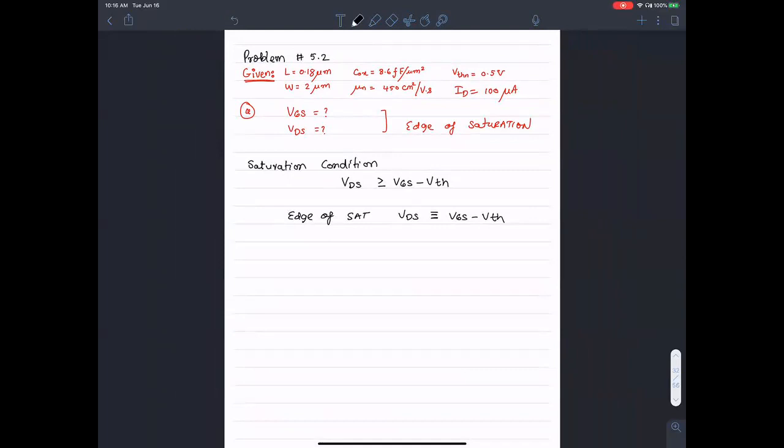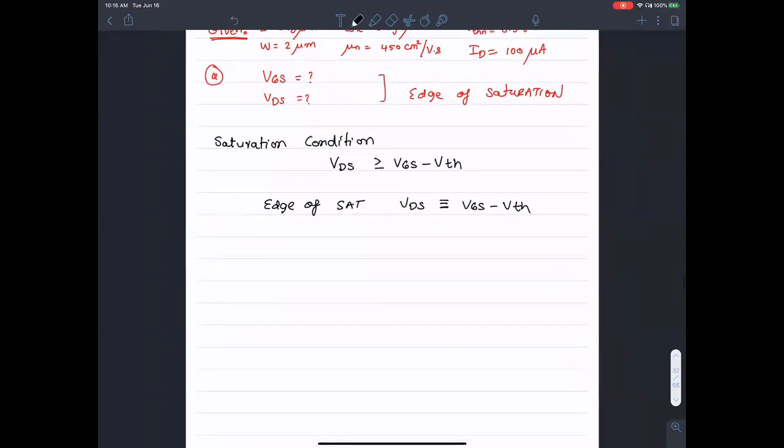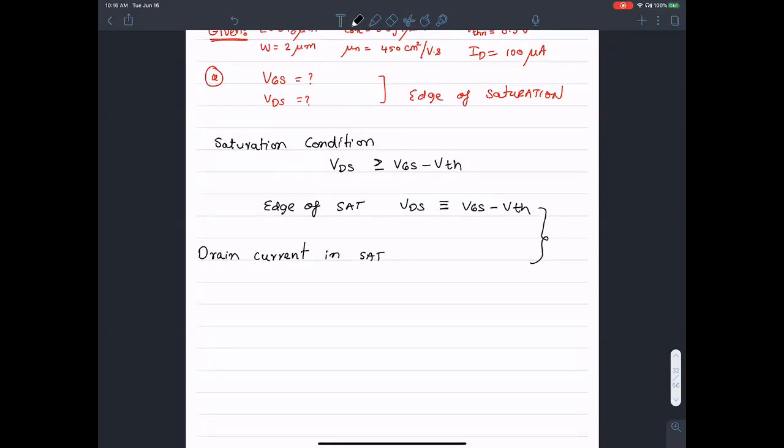apply the expression for ID, the drain current, in saturation, because we are still in saturation; we are on the edge of saturation. Remember, when VDS is greater than or equal to VGS minus VTH, then we are in saturation.